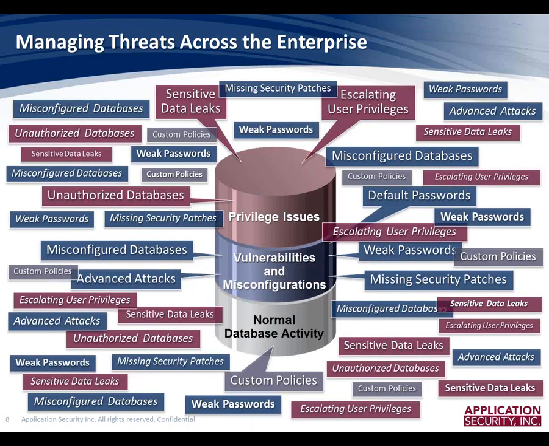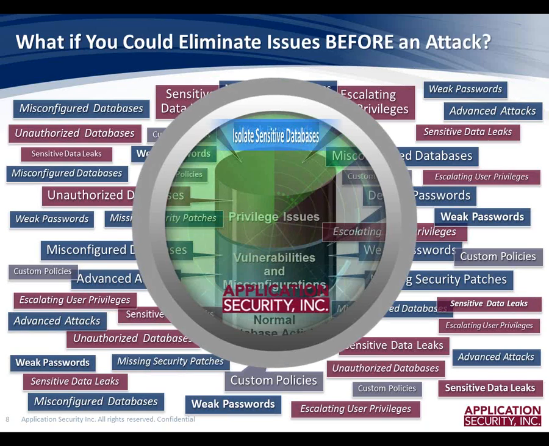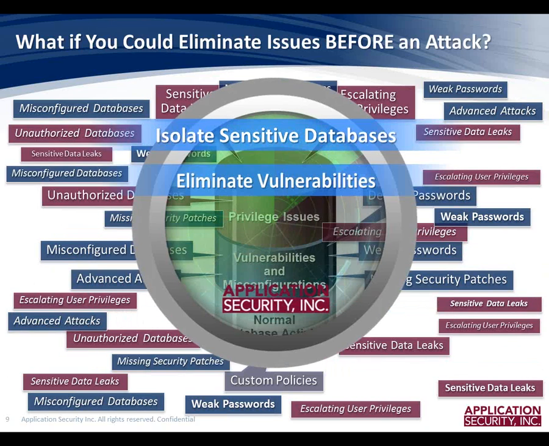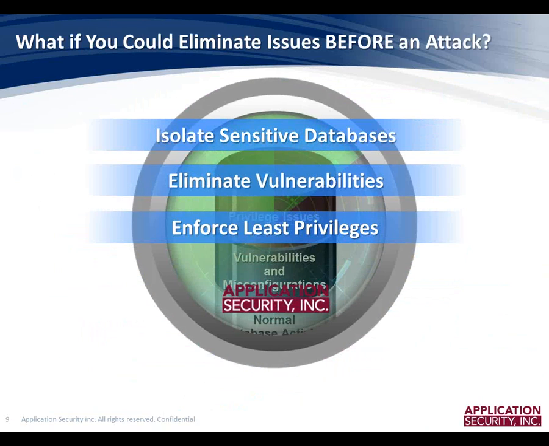Reacting to issues is like trying to fix a hole in a sinking ship. It becomes very difficult to focus and work effectively. Our approach to effective database security is to prevent and eliminate issues before they are exploited.